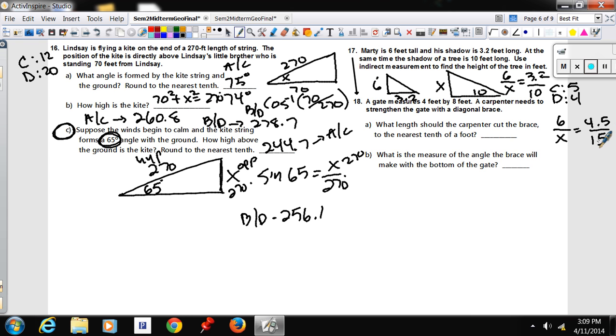So that would be for B and D. Your answers are 20 feet here. And for A and C, your answers were 18.75 feet, and B and D was 20 feet.